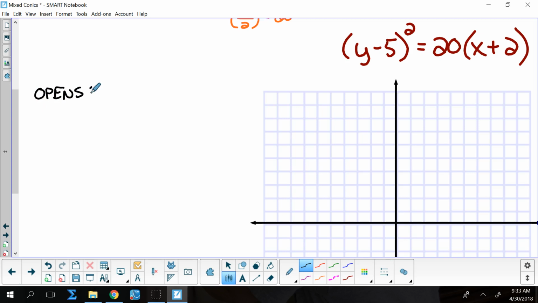Right. Do you agree, Luke? Why? Because it's the y term that is squared. So the y term squared makes it go left or right, and that makes it go right. Luke, can you do me a favor? Pick somebody to answer the next question. Declan, what's next?